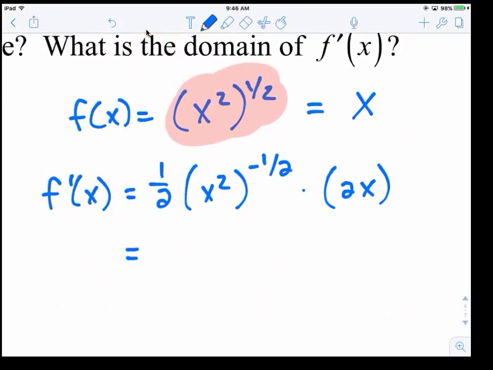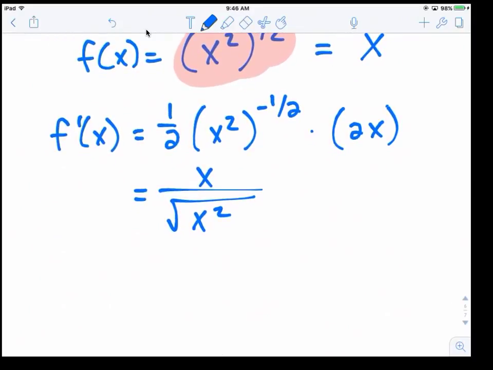So 1/2 of 2x would be just x, right? Over now the square root of x squared, right? And what do you know the square root of x squared is? Absolute value. Right?